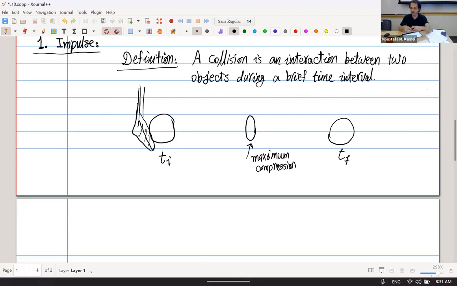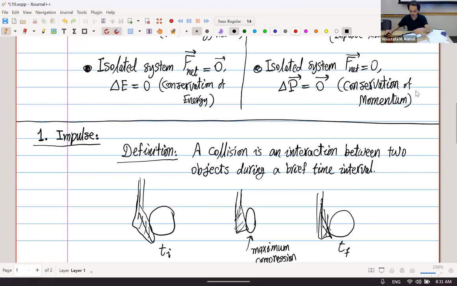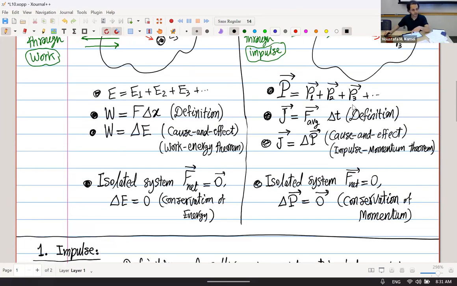And all of this is contact time. So the guy has his leg in contact with the ball all the time, until they're separated. This defines the contact time. This is the delta T that we had in the definition up above here.